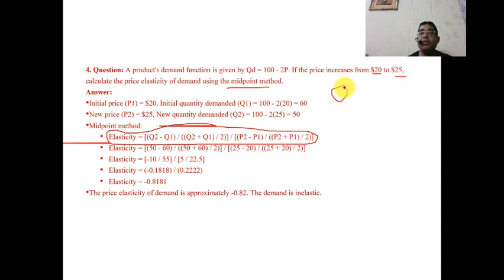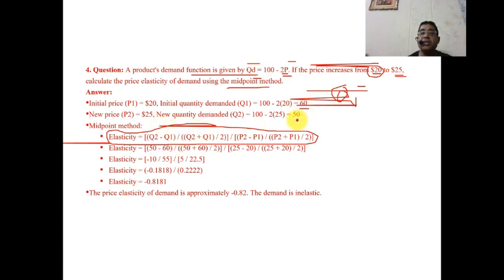So first of all you have to find Q1. Q1 will be obtained from P1, and P1 is $20. So you put P here and get Q. If you put P1 you will get Q1, and when you put P2 here you will get Q2.